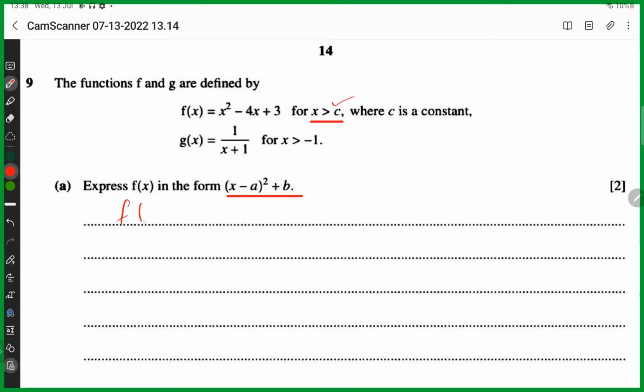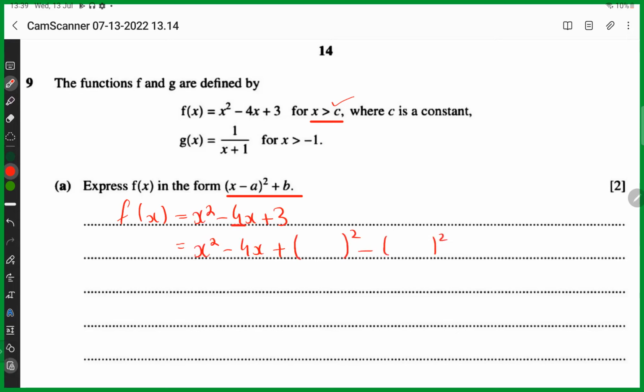F of x is x squared minus 4x plus 3. We don't need to take anything common. So I can write it as x squared minus 4x. I need to add and subtract the square of a number, and that number is half of the coefficient of x.